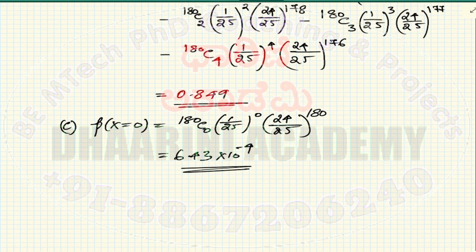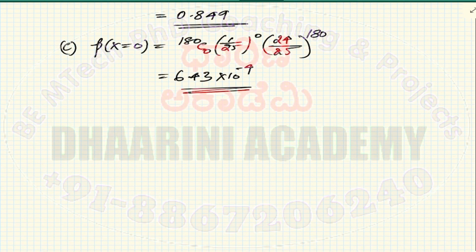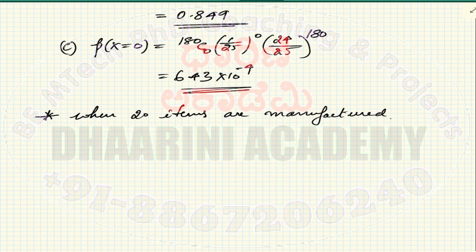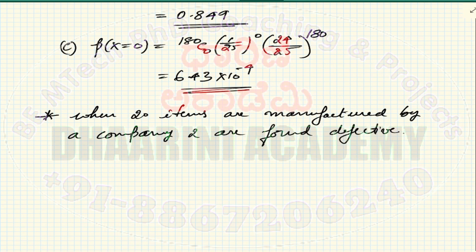Then, when 20 items are manufactured by a company, two are found defective.